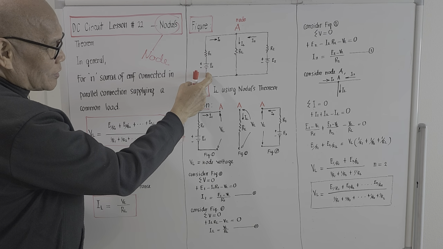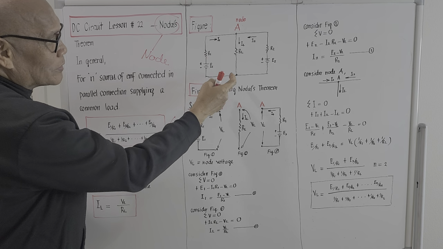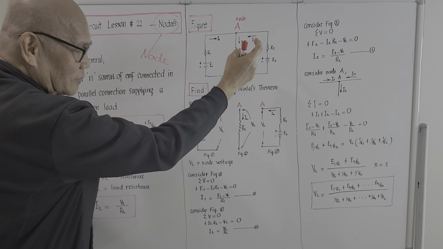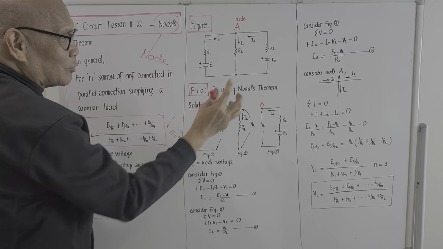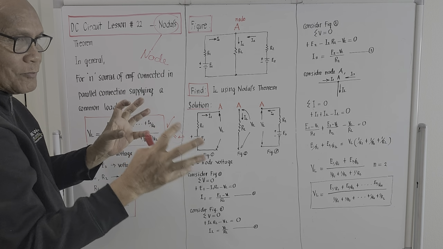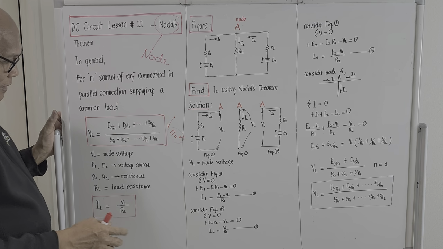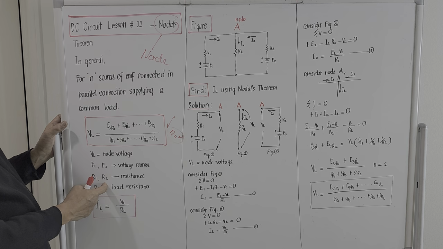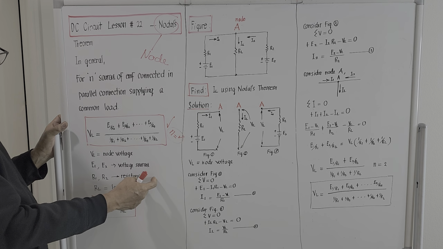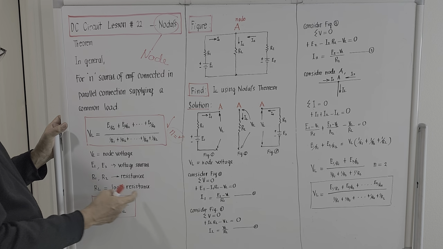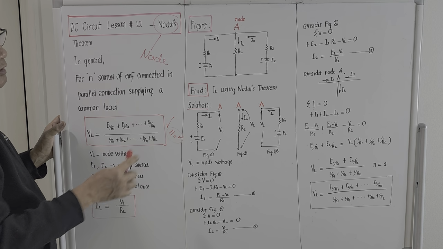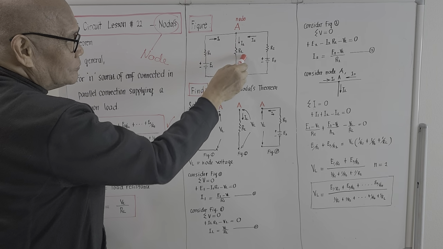For E1, there is an internal resistance R1. For E2, there is an internal resistance R sub 2. So these R1 and R sub 2 are actually internal resistances of the voltage sources. And R sub L is the load resistance, the common load.